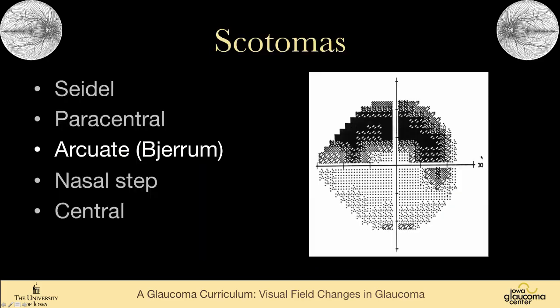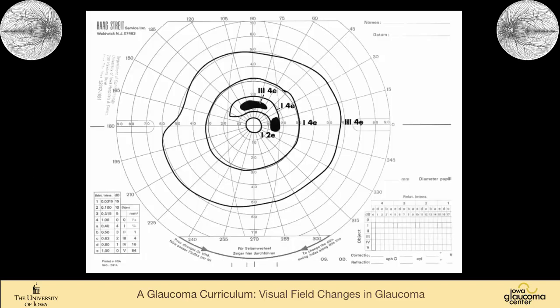Arcuate defects tend to extend around the central field in this so-called Bjerrum area. And here on a manual kinetic field showing the same thing. And again, you look at that and you can make yourself imagine the nerve fiber layer pattern.